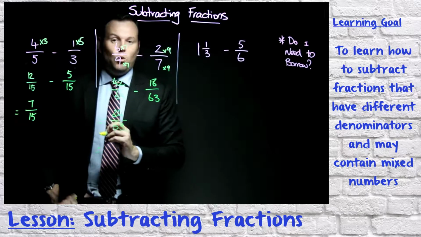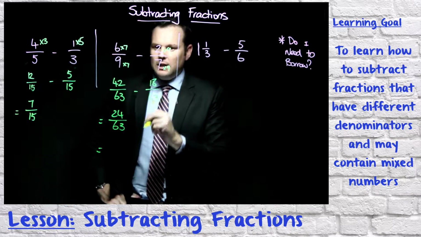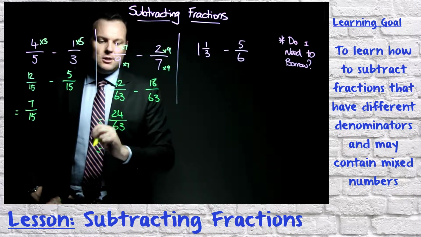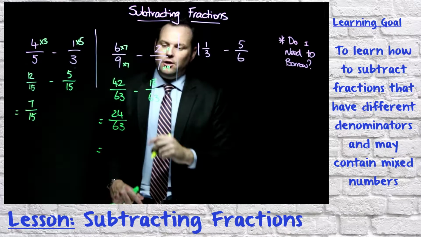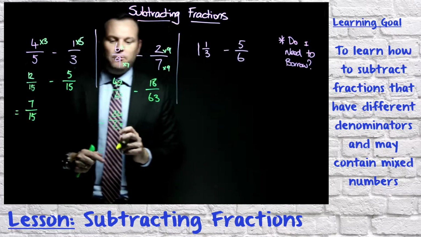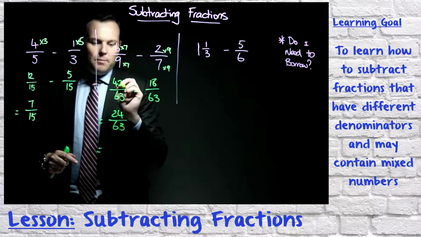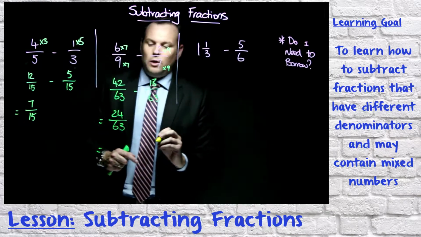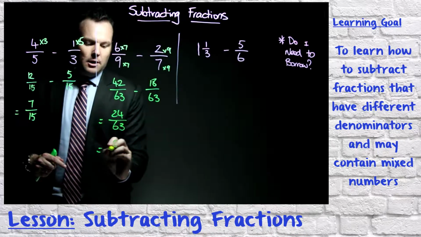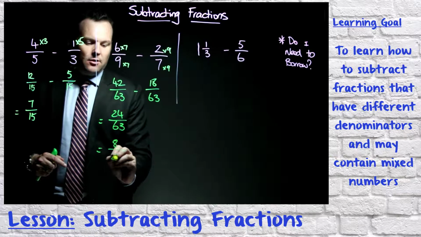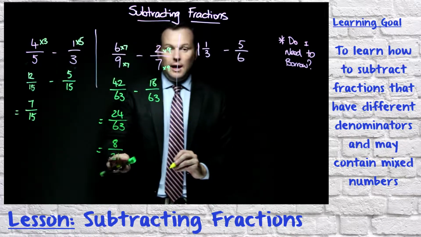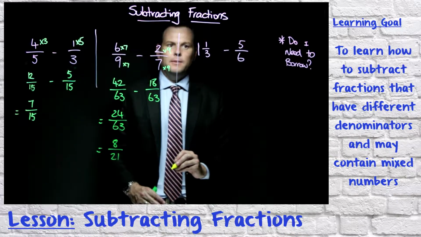So 2 plus 4 gives me 6, and I can divide 6 by 3. 6 plus 3 gives me 9. I can divide that by 3. So I can divide this fraction by 3. So 3 goes into 24 8 times, okay? And it goes into 63 21 times. And now we have a simplified fraction there.